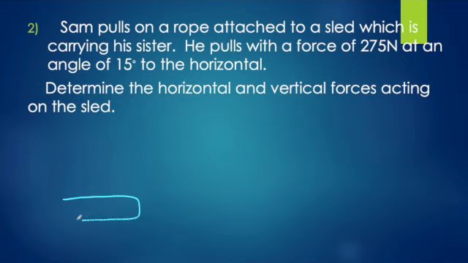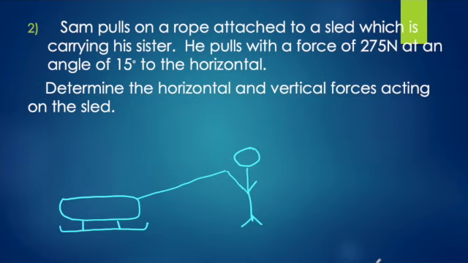Let's draw a sled. Very basic sketch of a sled. Okay, then you're going to have your rope here, and let's say that this is Sam over here pulling on that rope.